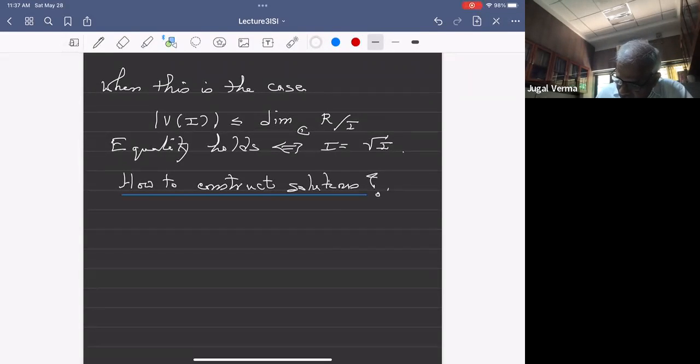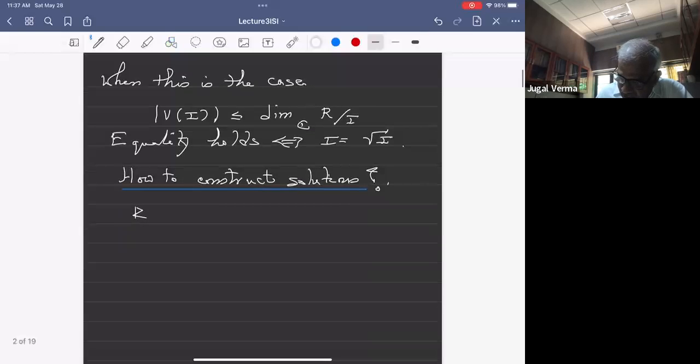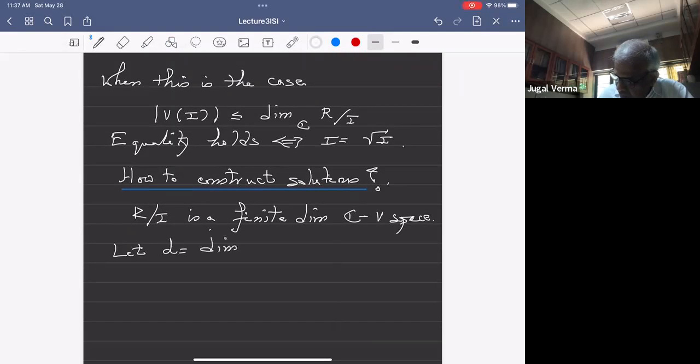For this, we use the fact that our ring R mod I is a finite dimensional vector space. I'm assuming that there are finitely many solutions. It is a finite dimensional complex vector space. Suppose D is the dimension as a complex vector space.